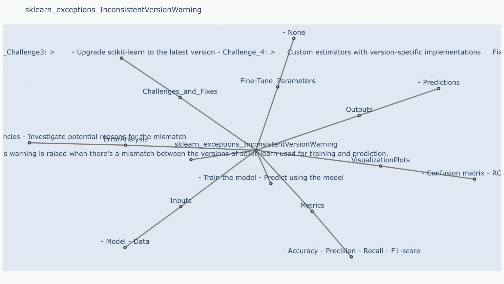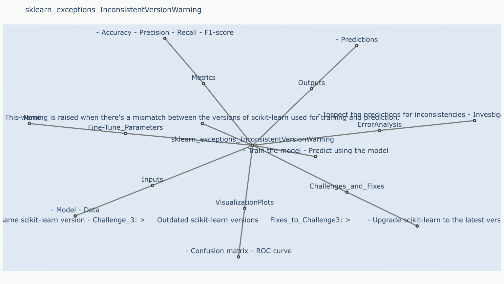Incompatibility with other libraries. Using an older version of SKLearn might not be fully compatible with newer versions of other libraries, causing conflicts and errors. Updating all the libraries involved, including SKLearn, to the latest compatible versions can help avoid conflicts and maintain consistency.